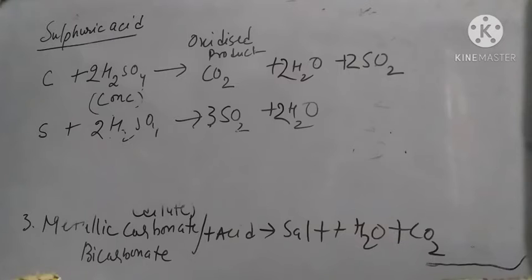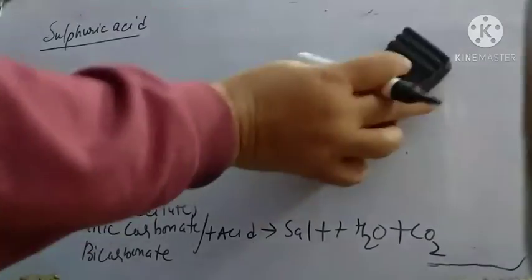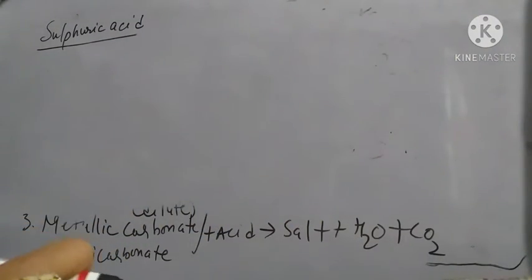Now coming to the next, concentrated sulfuric acid as a dehydrating agent. What do we mean by dehydrating agent? Concentrated sulfuric acid removes elements of water as it has a strong affinity for water.